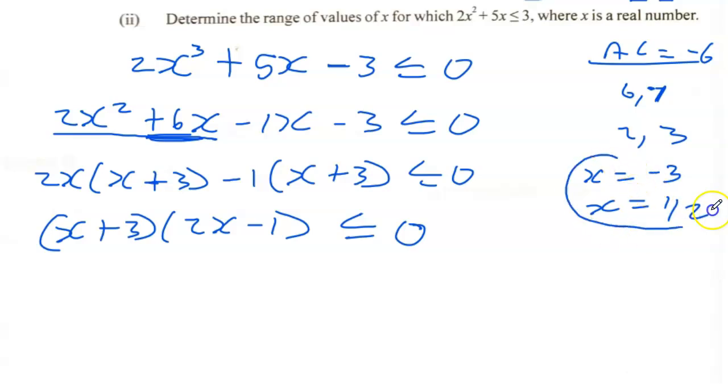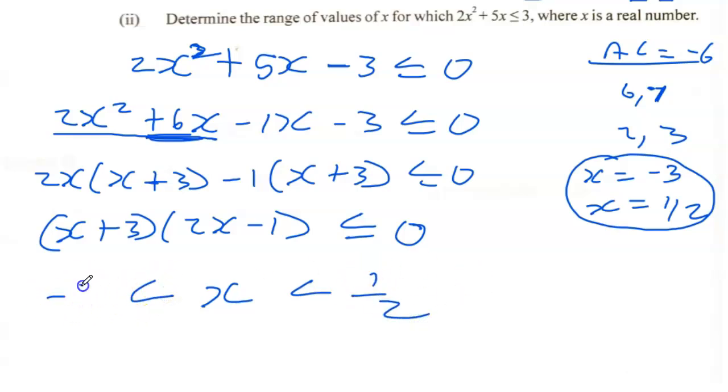So because it's less than, and the x squared coefficient here is positive and it's less than, the solution lies between the two critical values. The larger value is half, the smaller value there is negative 3. Alright, so that's our solution.